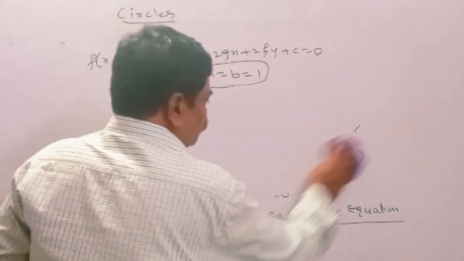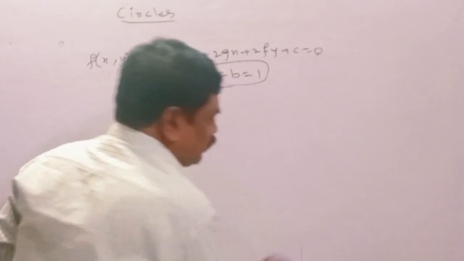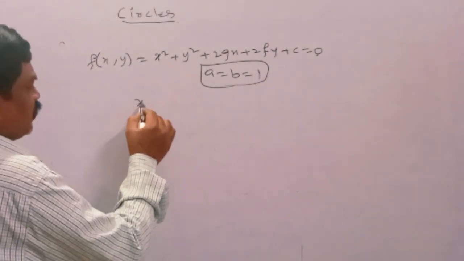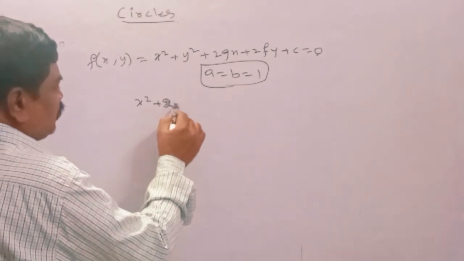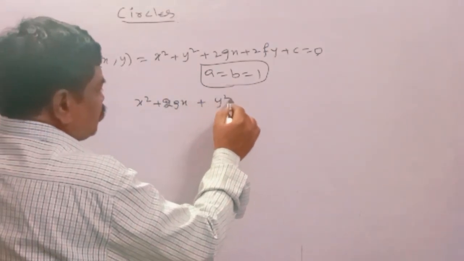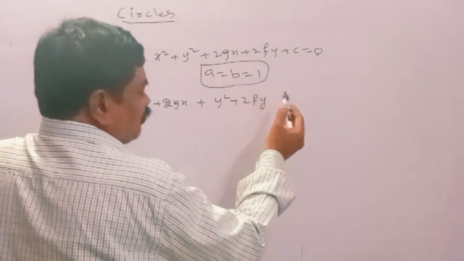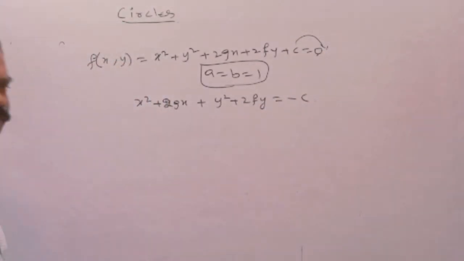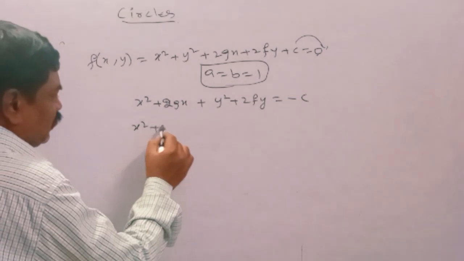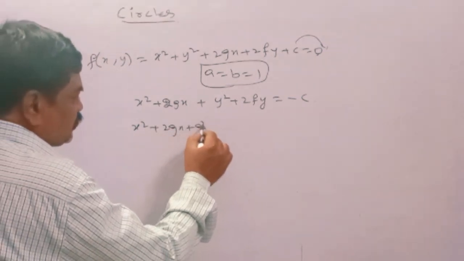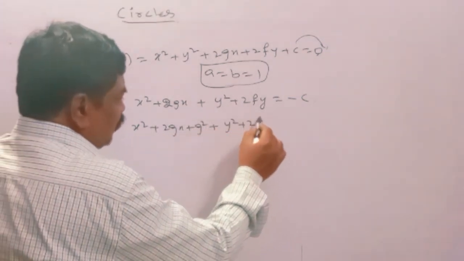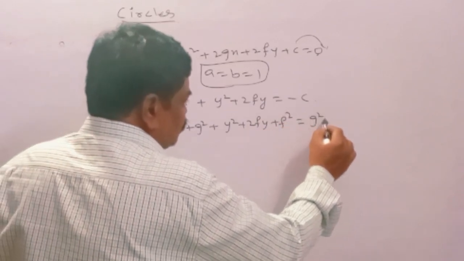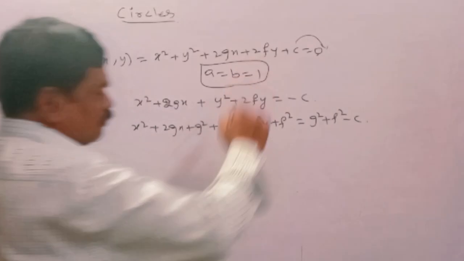So here we can write this equation as x square plus 2gx plus y square plus 2fy is equal to, you can take it to this side, minus c. So x square plus 2gx plus g square plus y square plus 2fy plus f square is equal to g square plus f square minus c.